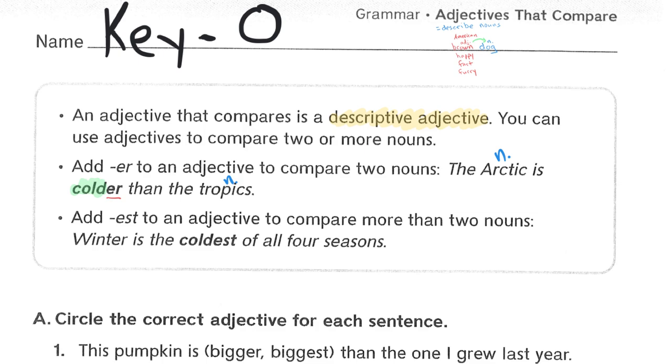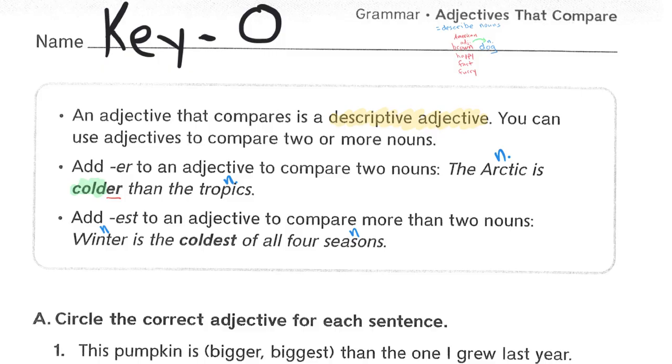Now, you can go even further. It says adding EST to an adjective. If you do that, you use it to compare more than two nouns. So like if you said winter is the coldest of all four seasons. Well, now I'm comparing way more than just two because I do have winter, that's a noun, but then it says all four seasons here, right?